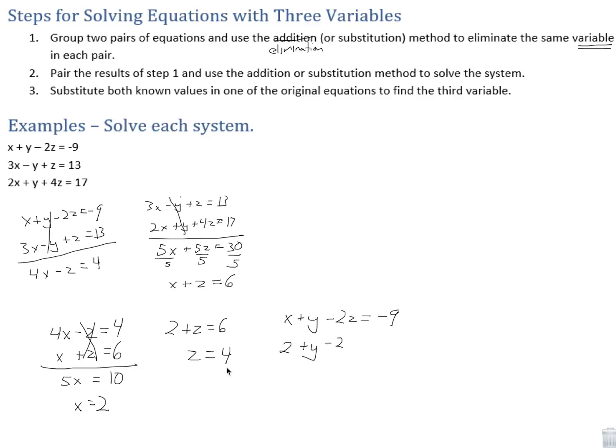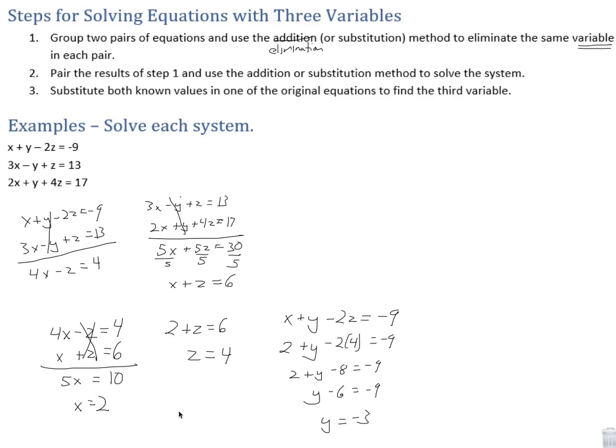Minus 2 times z, which was 4, equals negative 9. This is negative 8 right here, so 2 plus y minus 8 equals negative 9. 2 and negative 8 is negative 6. And add 6 to both sides, and we get negative 3.